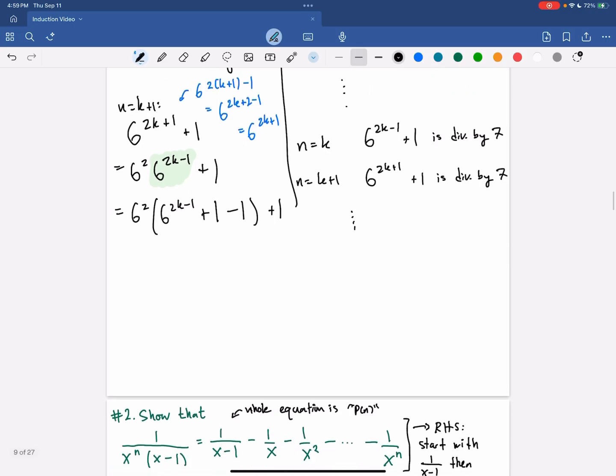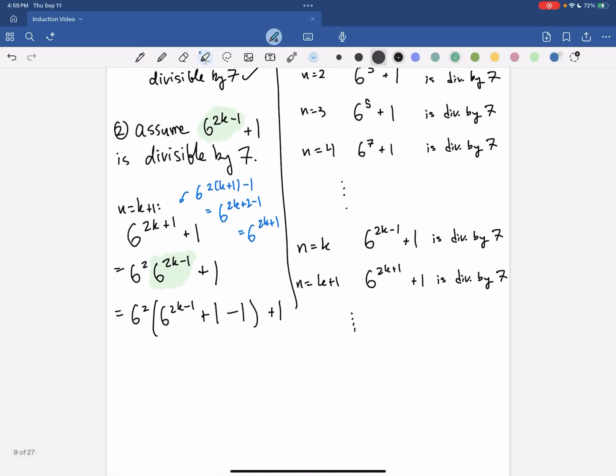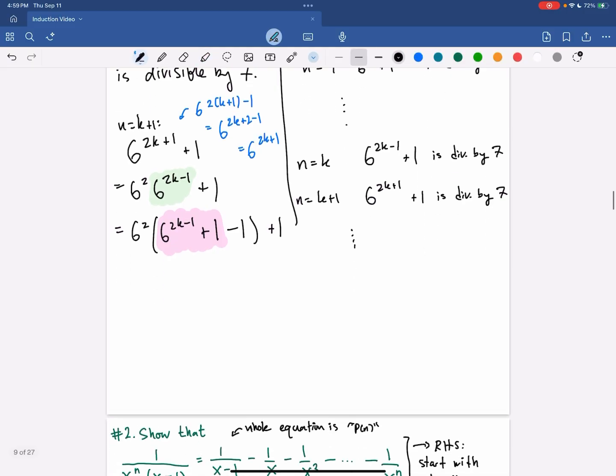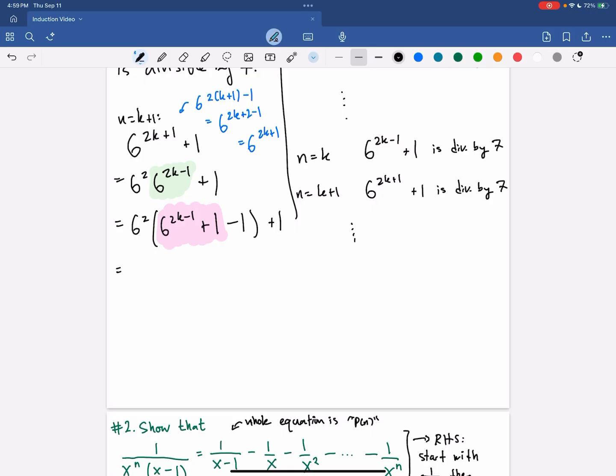Then we now have the entirety of the assumption number, the 6 to the 2k minus 1 plus 1, this whole thing here. And so that's good. We know that's divisible by 7, so we want to keep that together. And then let's look at what we have left over. So doing a little bit of expanding, we now have 6 squared times 6 to the 2k minus 1 plus 1 minus 6 squared, which we can just write as minus 36, plus 1.